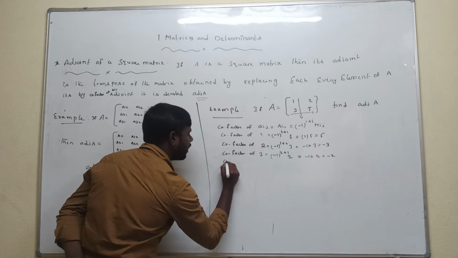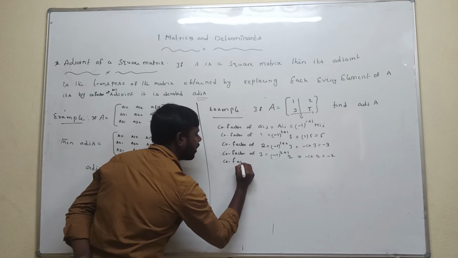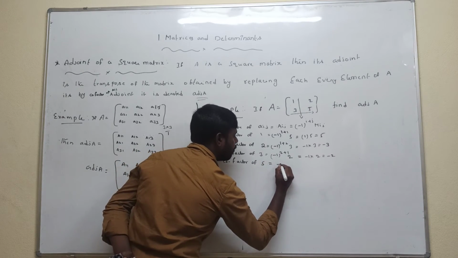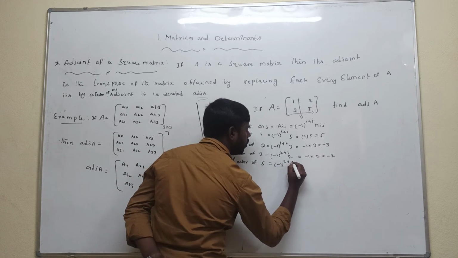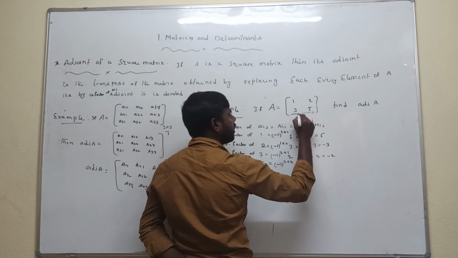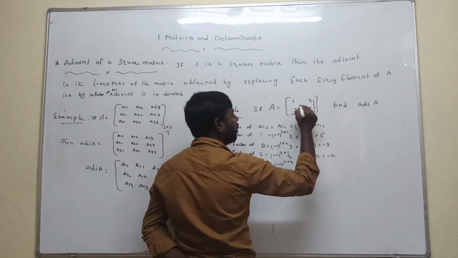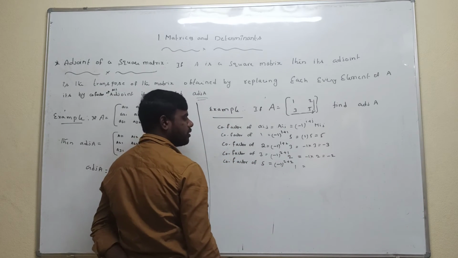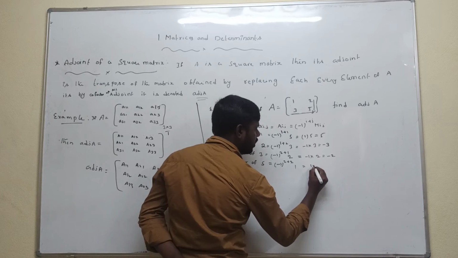Next we need to calculate the cofactor of 5. 5 is present in the second row, second column, so that row and column are eliminated. What is left is 1. So (-1) to the power of 4 is +1, into 1, is 1.